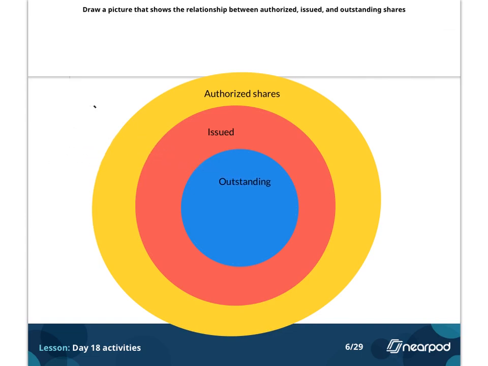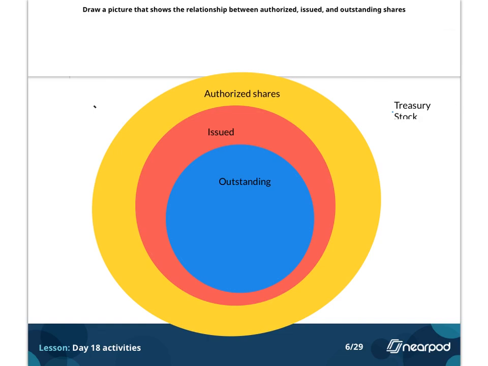You can tell by my picture, right? The difference between issued and outstanding shares is our topic for the evening, or our starting point, and that is treasury stock.